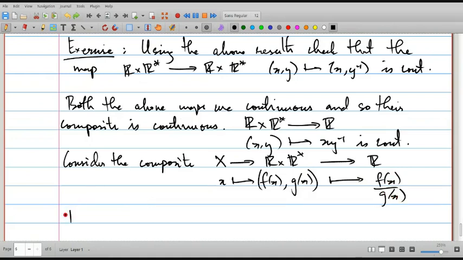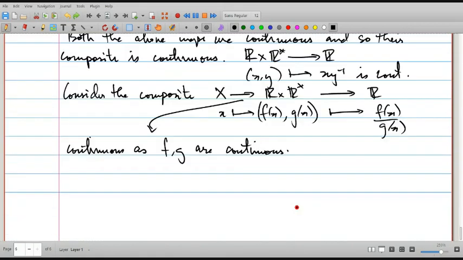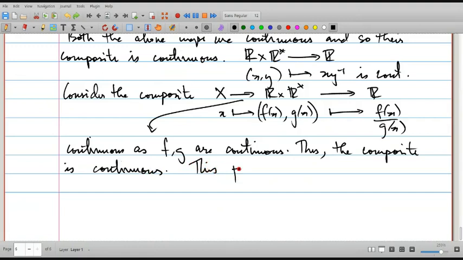So thus the composite map: the first map is continuous because f and g are continuous. Therefore, the composite is continuous. So this proves the proposition.